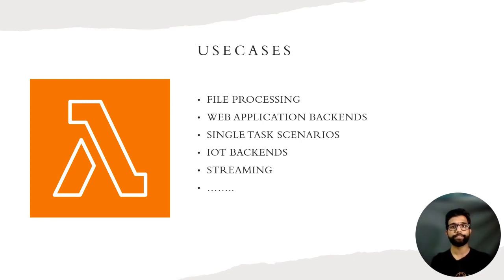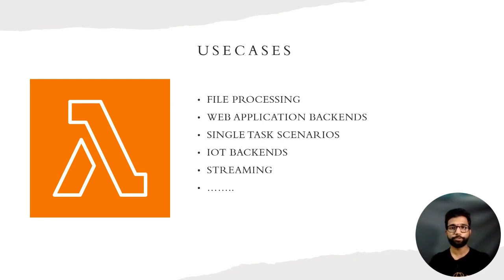You can have a trigger whenever an object is uploaded to an S3 bucket, which triggers a Lambda function, and the Lambda function processes that file and then makes the changes to the database.